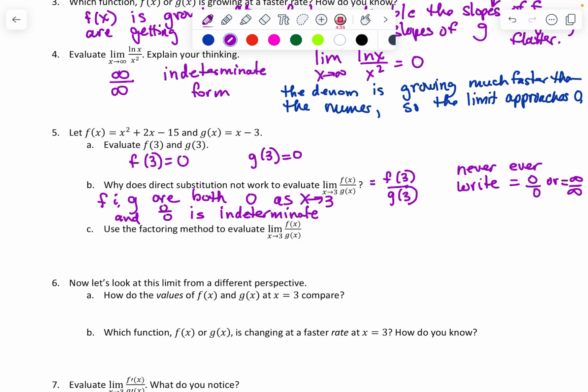But again, getting infinity over infinity or 0 over 0 doesn't mean you can't determine the limit. So now it says, well, wait a minute. Do you remember earlier, I could actually factor f of x. Then when I cancel, I get 3 plus 5 is 8. So that limit is actually 8.